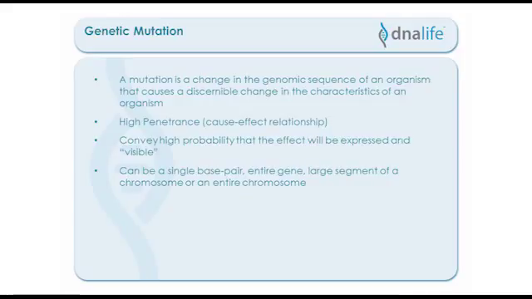Now, these can be in the form of a single base pair. It can be an entire gene that is missing. It can be a large segment of a chromosome that is either missing or deleted, or it can be an entire chromosome that is missing or has been duplicated. So these are genetic mutations, and they result in an effect that is expressed and visible.